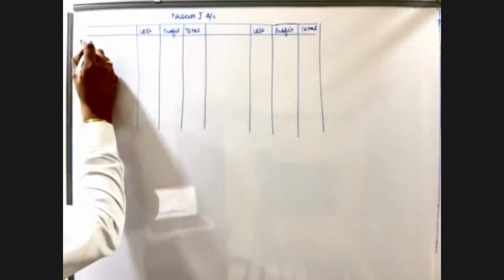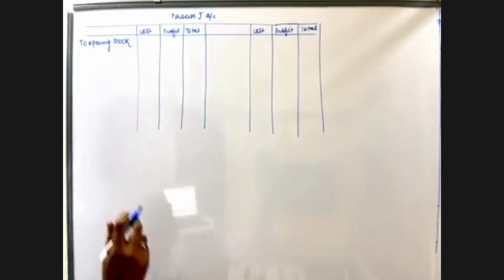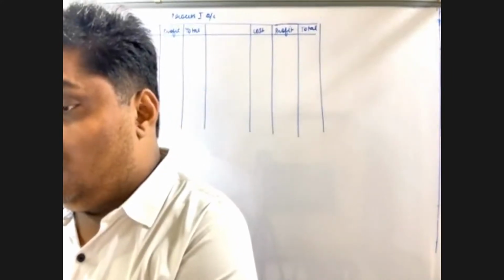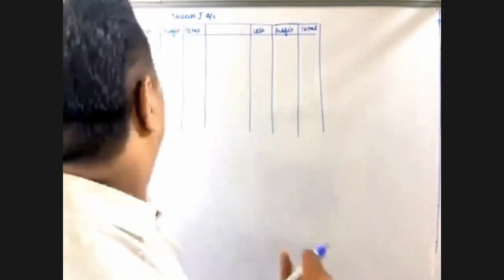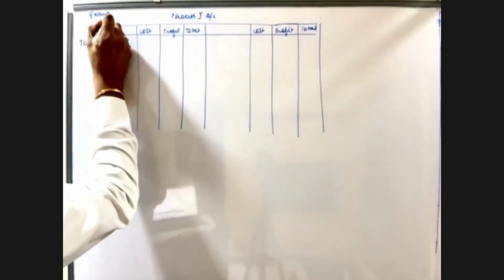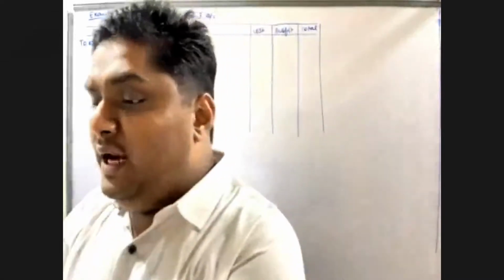So let's start with opening stock. From my side, it is example number 7. And from study material, I think it is illustration number 6, page number 10.22.